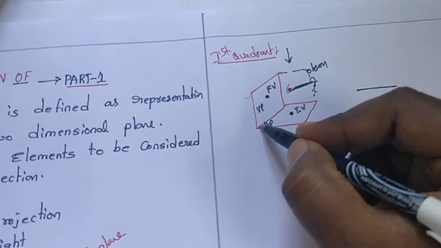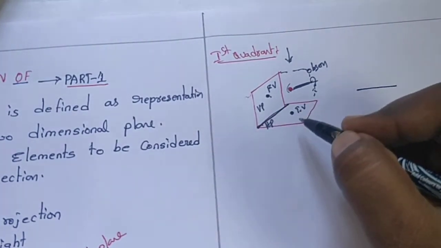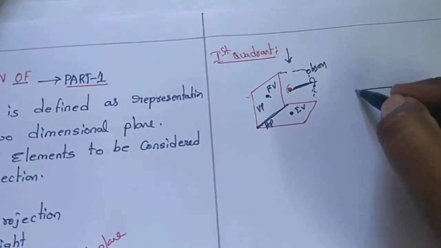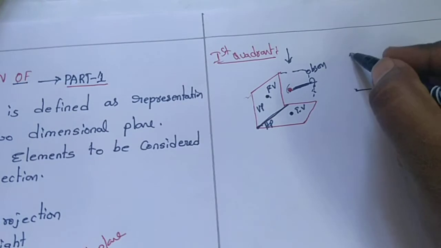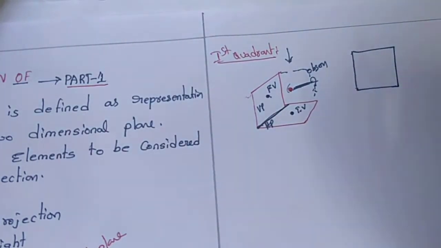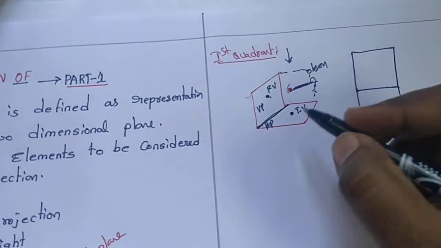The intersection of the vertical plane and horizontal plane is known as the reference plane or reference line.